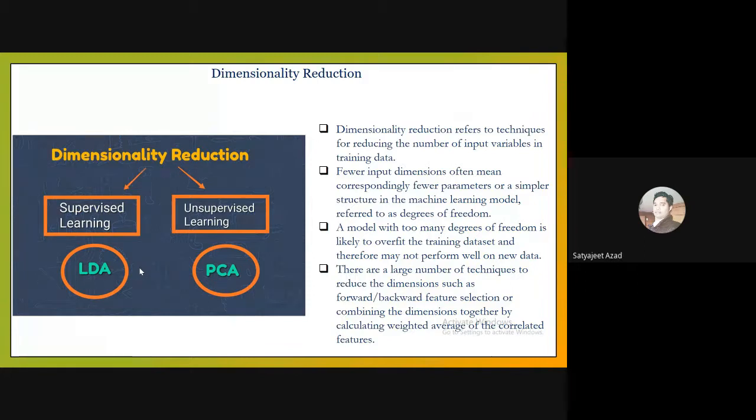For now, just understand 10 features as 10 dimensions. Take sales and revenue, for example. Sales is an independent variable, and revenue is a dependent variable. In that case, it is a two-dimension problem. You can easily plot using X and Y coordinates.